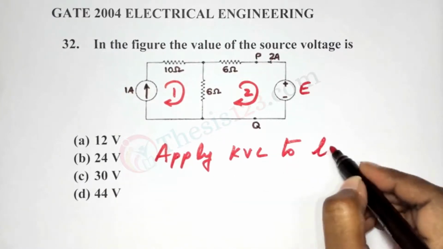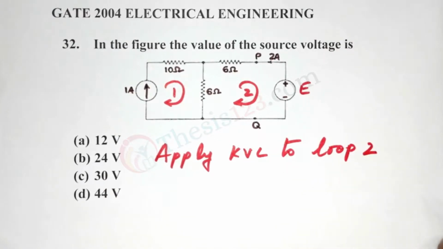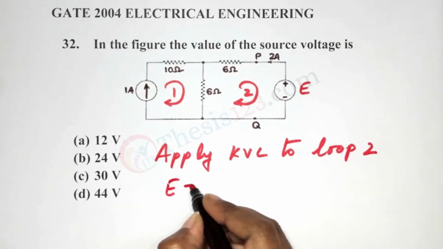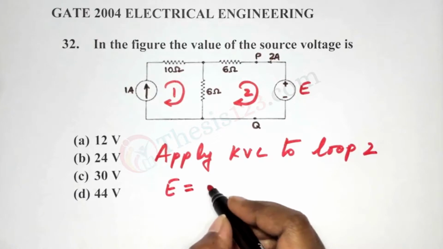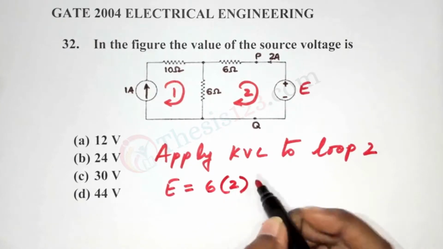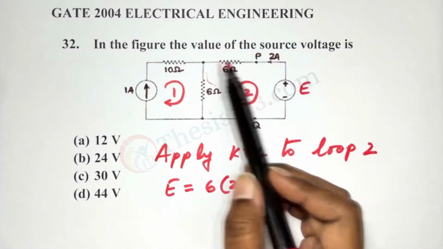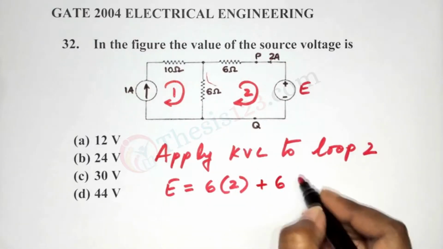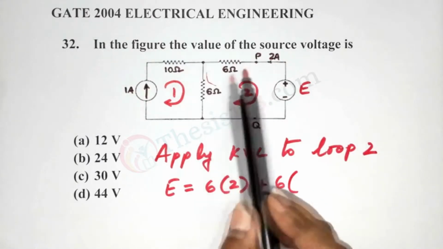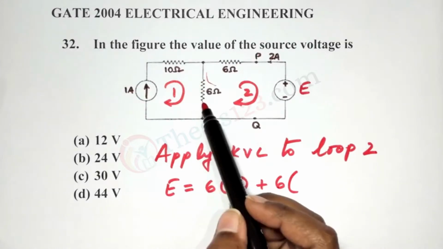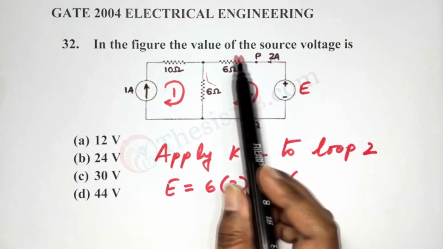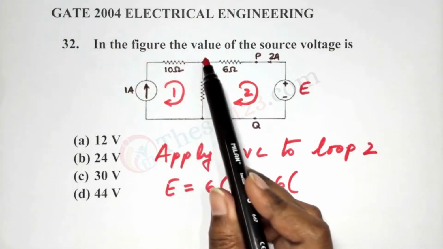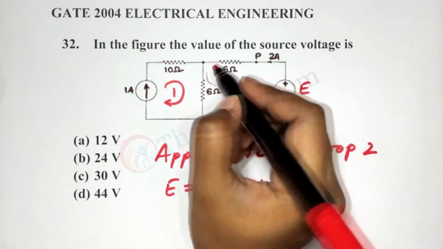KVL to loop 2. Okay, so we start with the source. E is equal to 6 times 2, that is the voltage across this resistor here, and then plus 6 times, here we have two currents passing through this branch. The first current is 2 amps which is passing through here, and the second is 1 amp which is also passing through in the same direction.